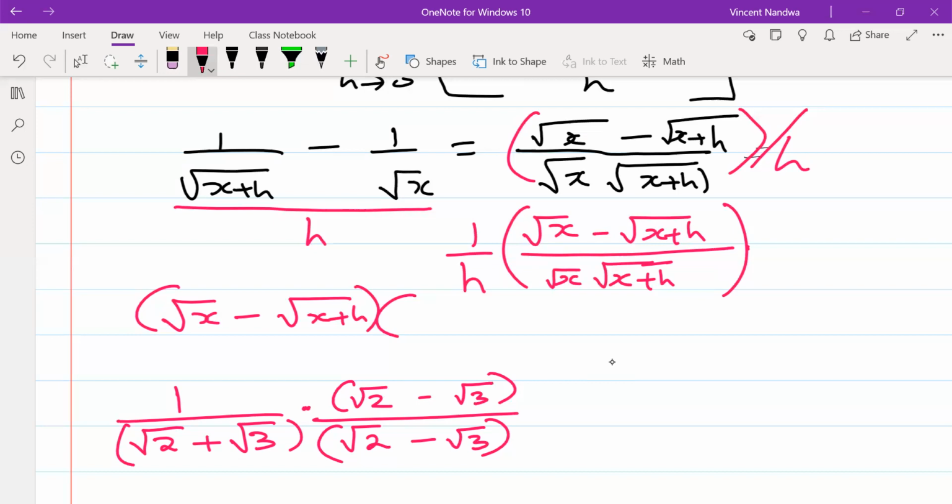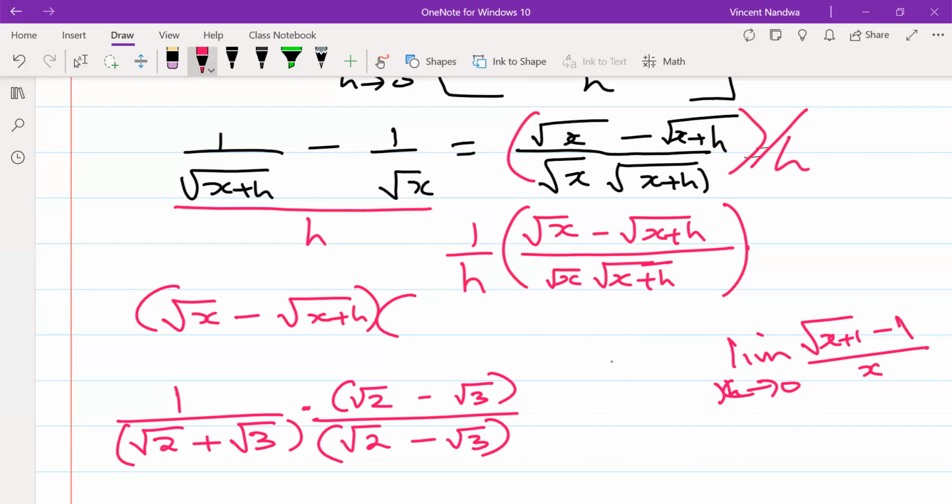Okay, but we also did this when we were doing limits. You remember we had a limit of this form, say, as x approaches 0 of square root of x plus 1 minus 1 over x, something of this kind, where we were rationalizing the numerator.